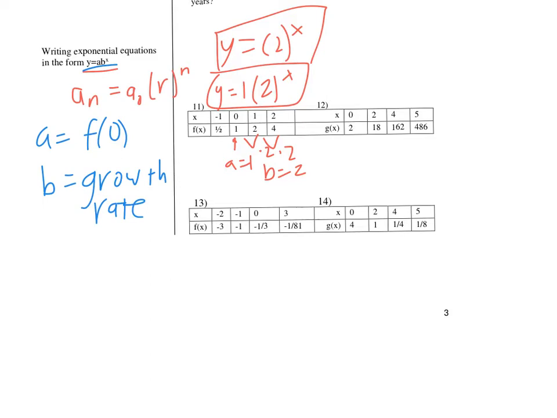Actually, let me do this in a different color. All right, now the growth rate here is a little trickier to see, and the reason why is here we jump 2. And so what I need to figure out is what would be the intermediary step along the way. So what would I have to multiply by here?